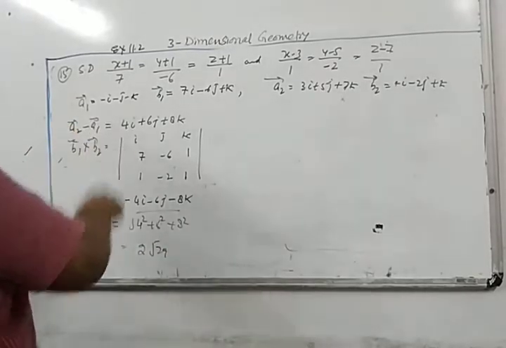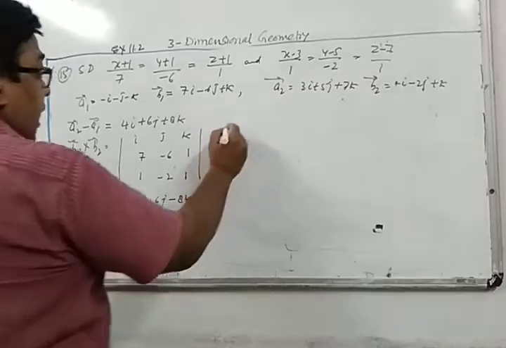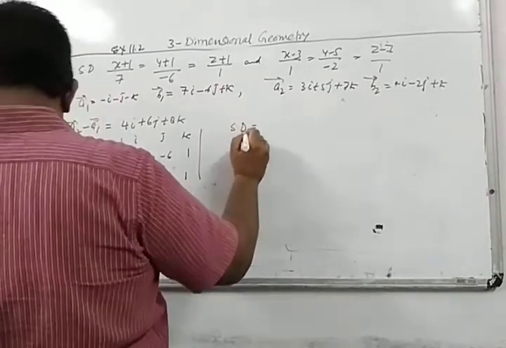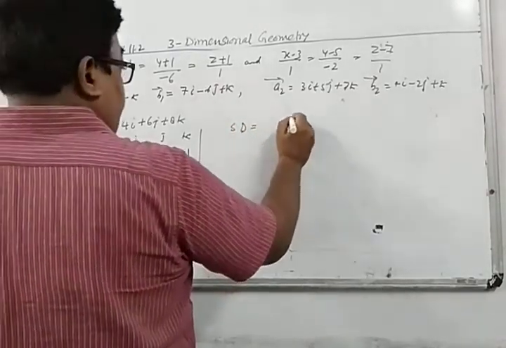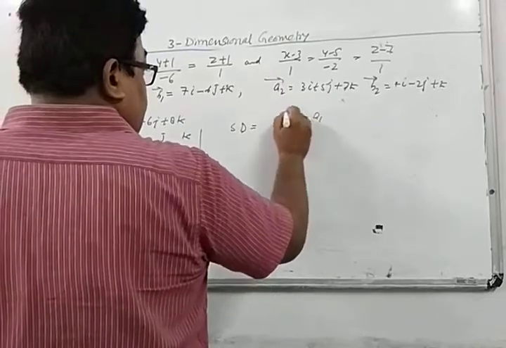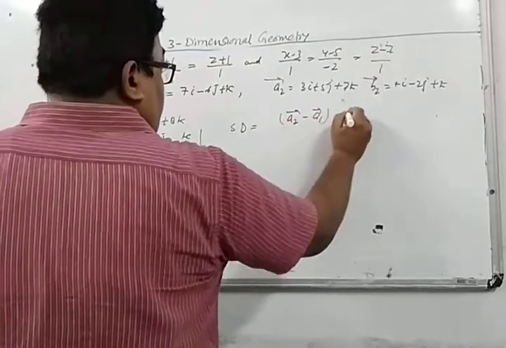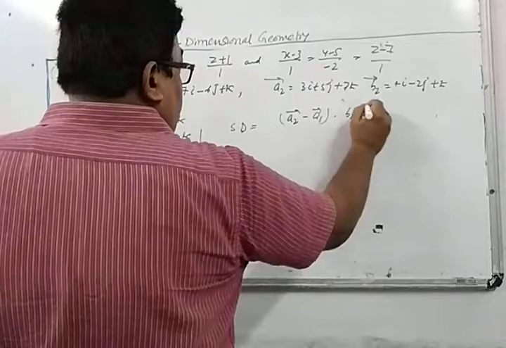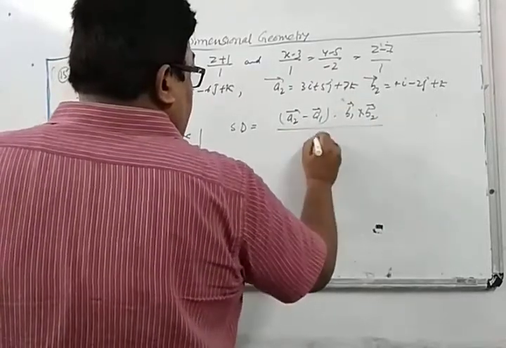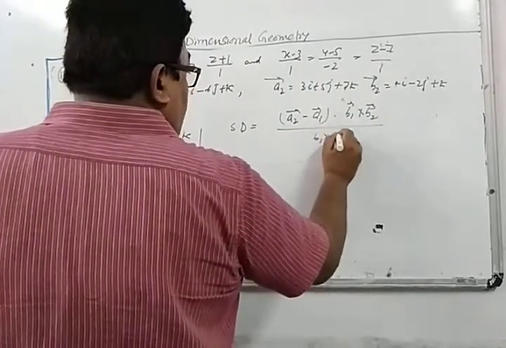After getting these three values, now use the formula for shortest distance. The formula, which we have already written, is the mod of A2 minus A1 dot B1 cross B2 upon mod of B1 cross B2.